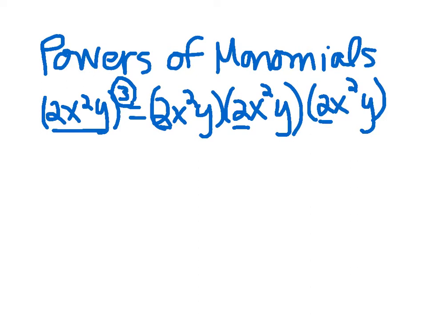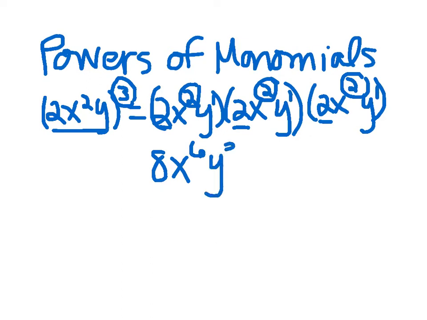2 times 2 times 2 is 8. And we're adding the exponents of the common bases. 2 plus 2 plus 2 is 6. And 1 plus 1 plus 1 is 3.